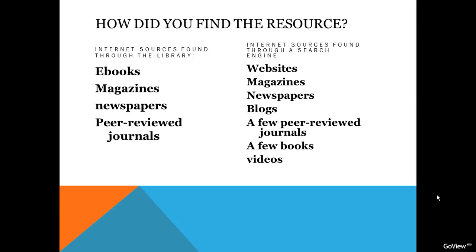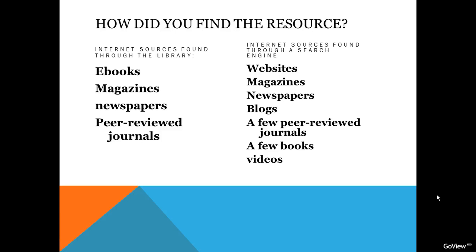Now, the first question you want to ask when you're trying to figure out whether a source is reliable or not is, how did you find the resource? You can use the library to find resources like ebooks, magazines, newspapers, and peer-reviewed or scholarly journals. You can find all sorts of sources, anything you can imagine, through a search engine like Google.